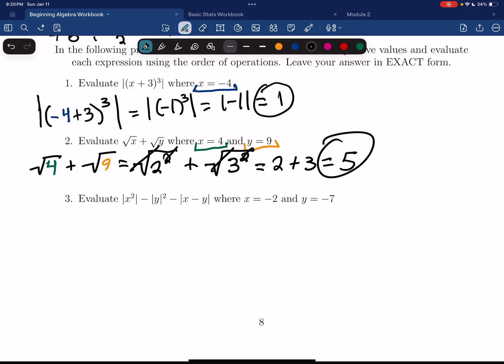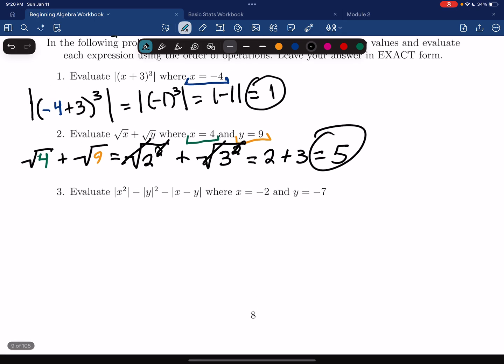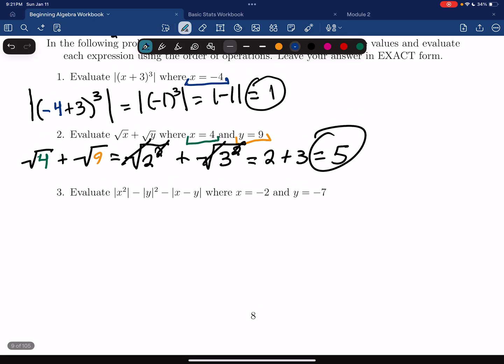Now, I encourage you to pause the video and try example number 3 on your own. And assuming you have given it a go, let's work through it. So let's say x is green again, and we're going to say y is this yellowish color. Okay, so we're going to evaluate the absolute value of x squared, and x is -2.